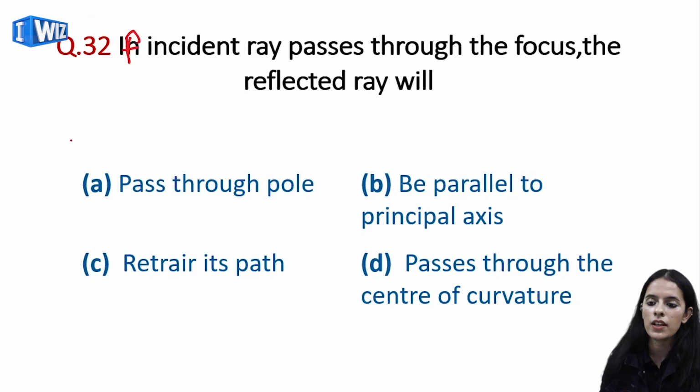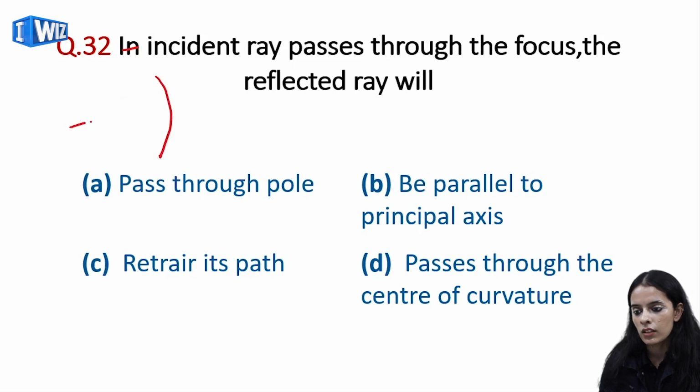If an incident ray passes through the focus, the reflected ray will... When the object is at focus, then the image will be formed at infinity. You know this thing. And when a ray of light is passing through the focus, then after reflection, it will become parallel to the principal axis.